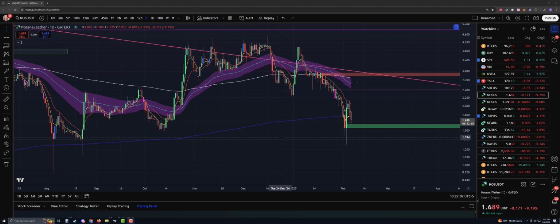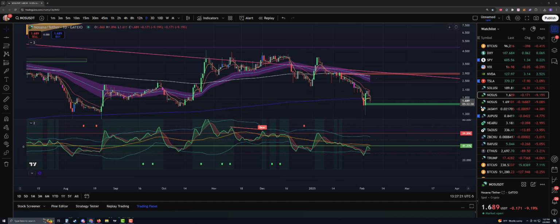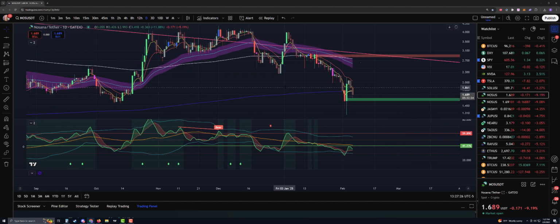So what you really need to do is scalp any areas that you can. Now, where I start, I'm on the daily time frame here, and I just wanted to point out a couple things. What you want to do is establish your environment first, okay?